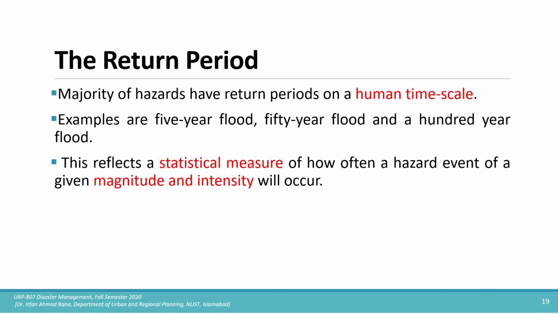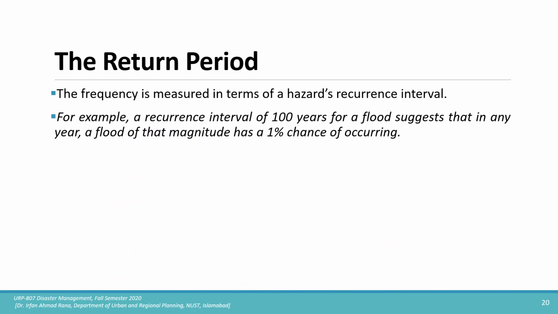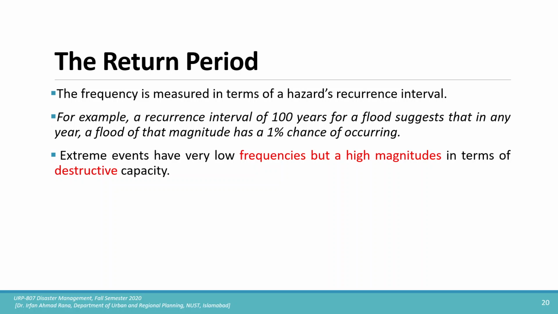So how to explain it? Let's give an example of flood. For a recurrence of 100 years, a flood which will come back in 100 years means that in every year, a flood of a certain magnitude has a 1% chance of occurring. Events with low frequencies but high magnitudes have destructive capacities, like the rise of intensive and extensive risk we talked about.